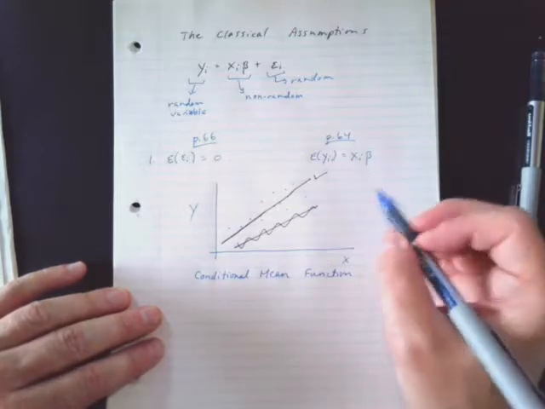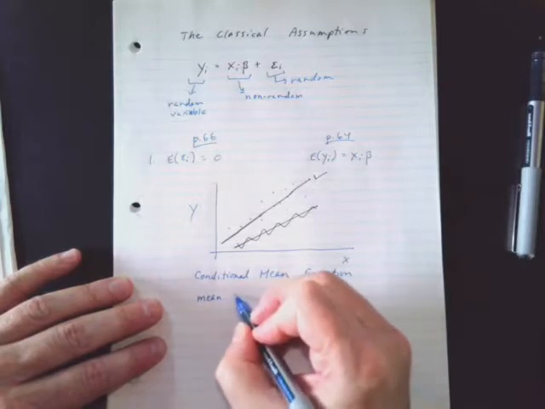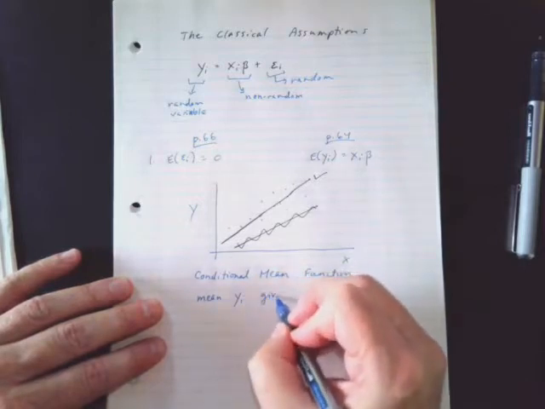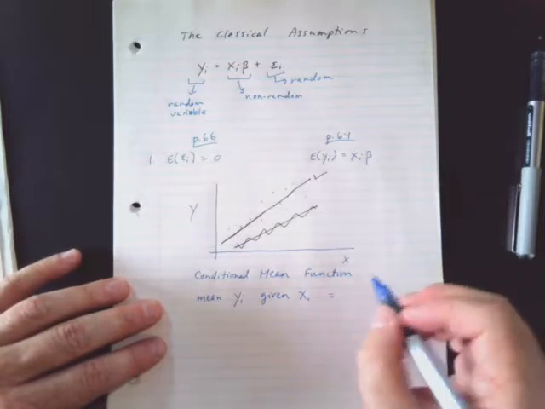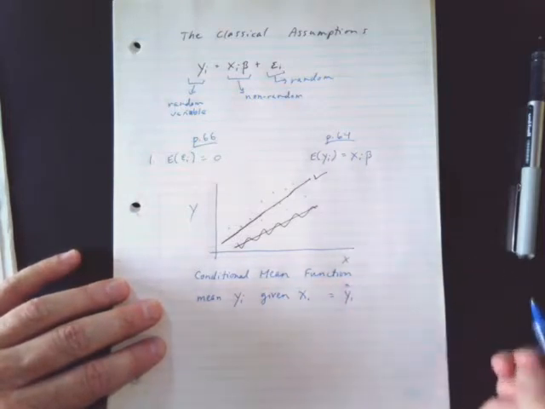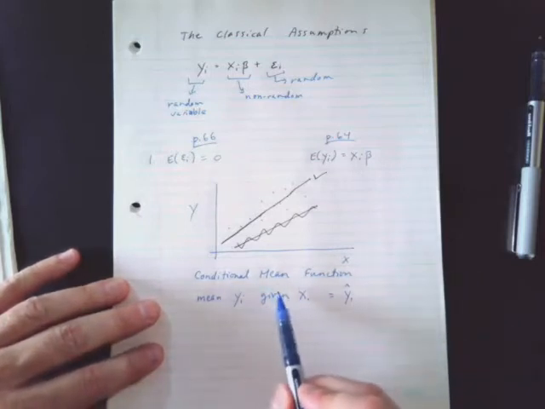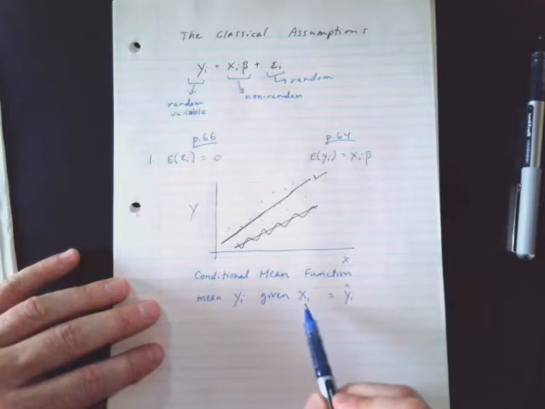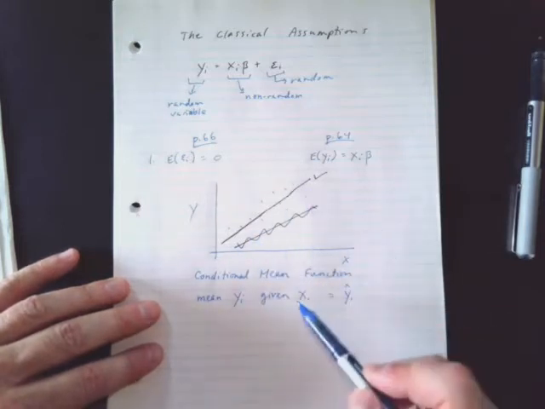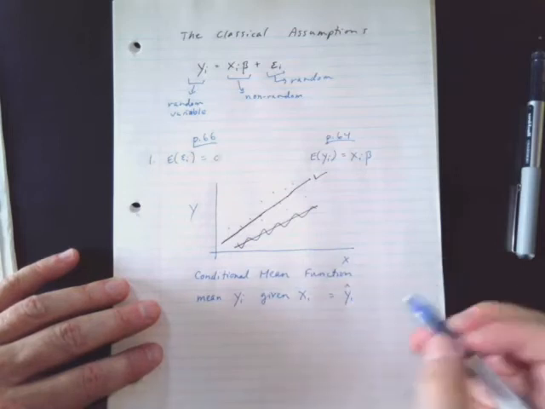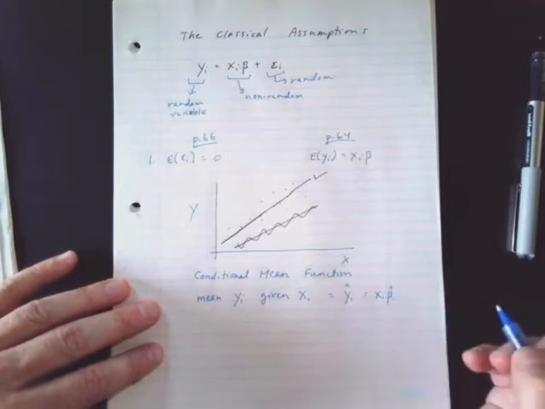So what that means is that the mean of yi given xi equals yi hat. So conditional means we're given a certain value of x, and then the expected value of y given that value of x is yi hat, which equals xi times beta hat.